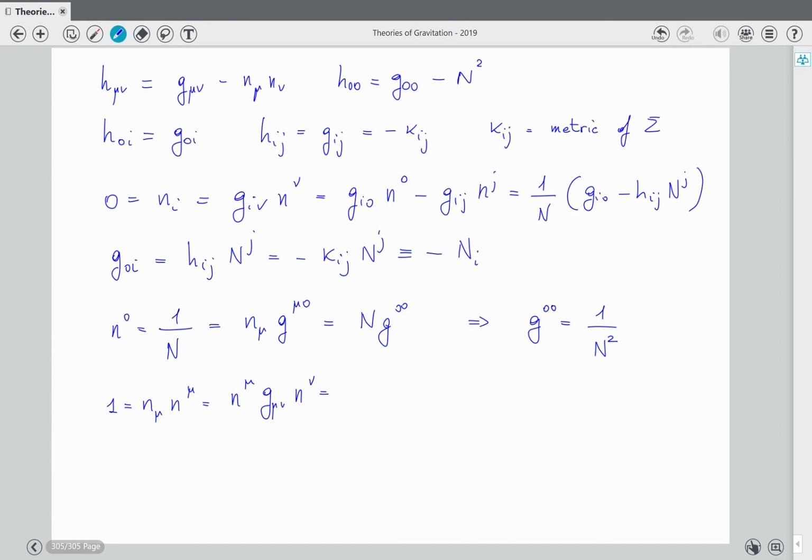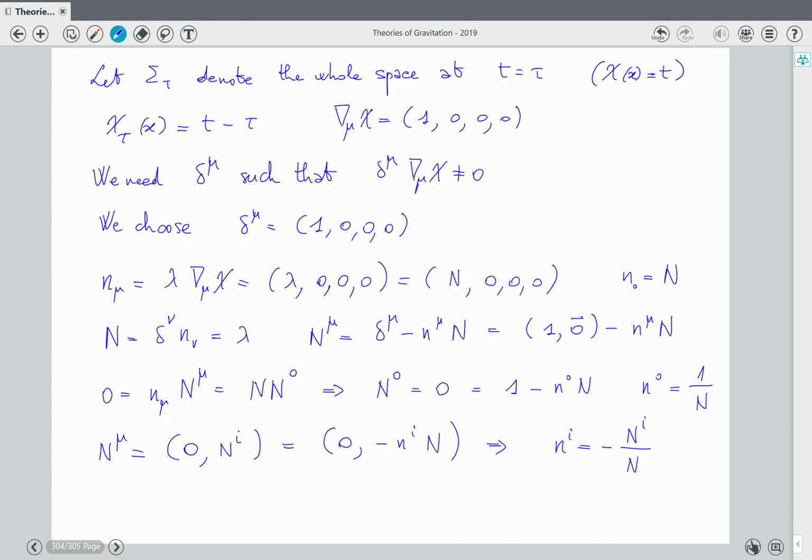And now we use that n^μ, we could have written here actually, because with upper indices you have 1, minus N^i.